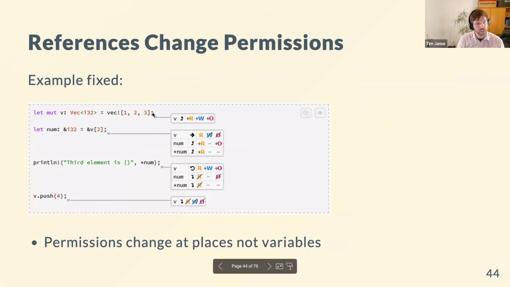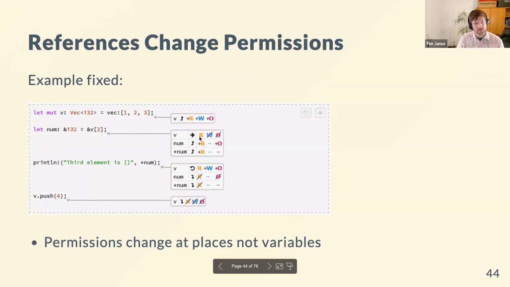At the first line, we initialize the vec, and because we're using the mut keyword here, we have all these three permissions: read, write, and own. Then we use a reference into the vector to the last element.